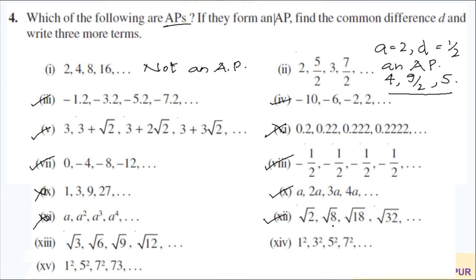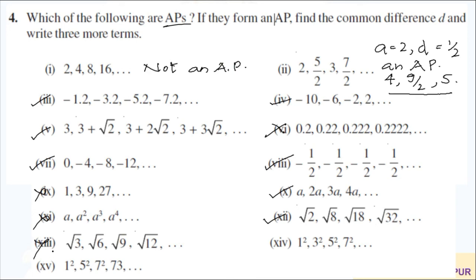The reason is root 8 can be written as root of 4 times 2, nothing but 2 root 2. Next one, the 12th one also forms an AP with the common difference as root 2.